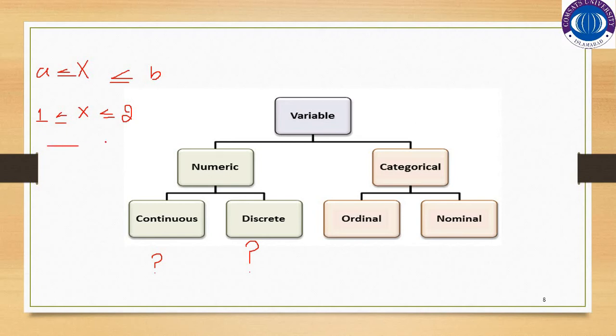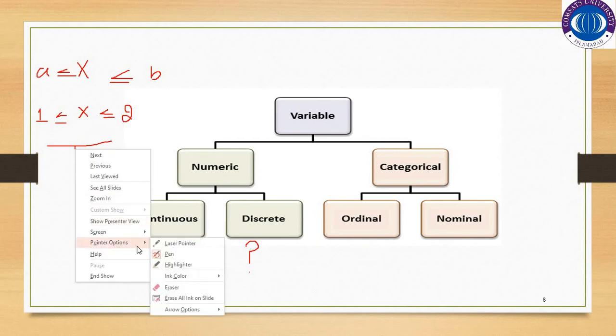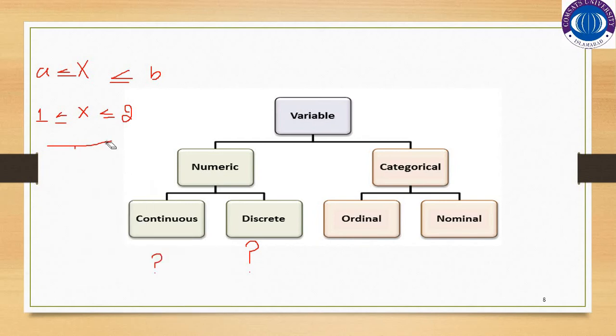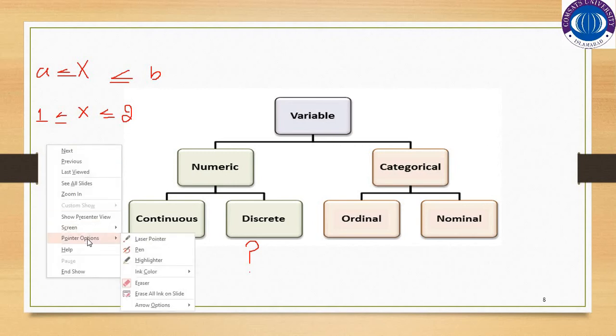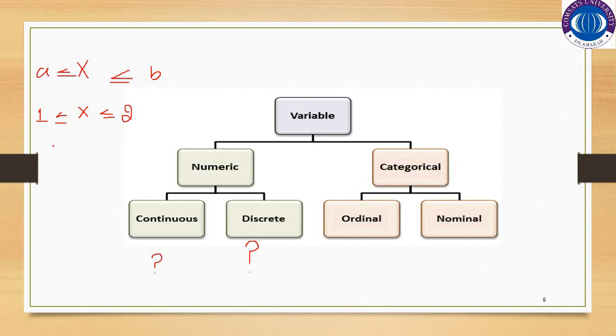As you know, this is the real number line. This is 0, this is 1, let's suppose this is 2.